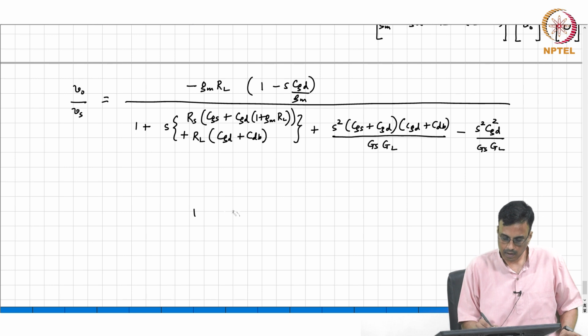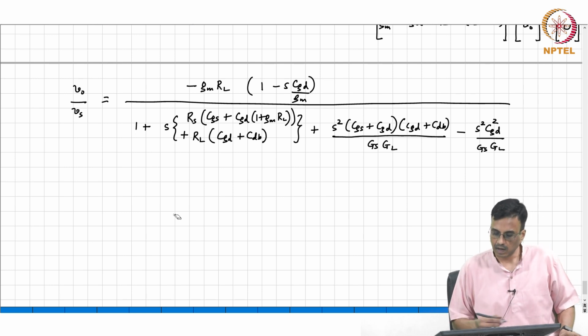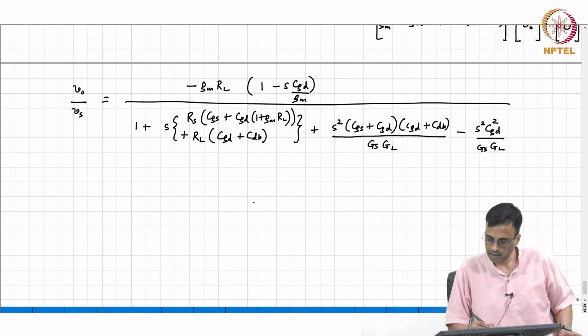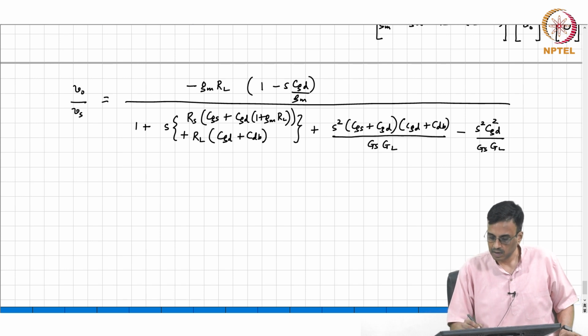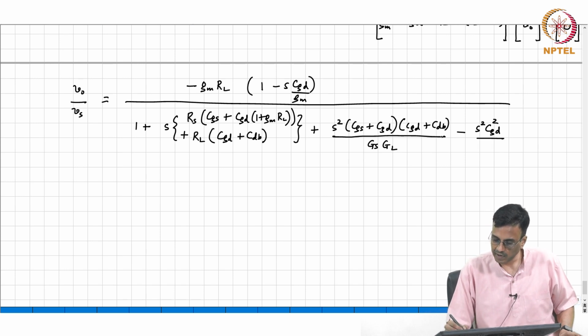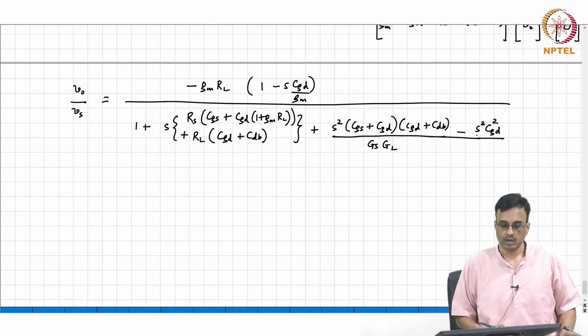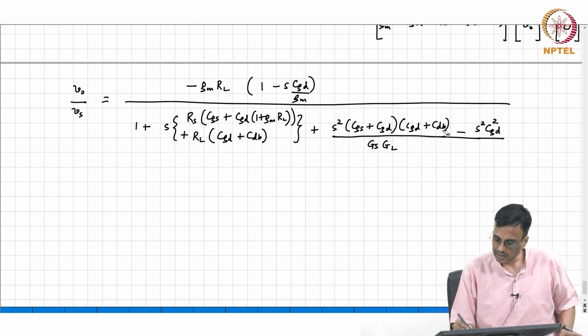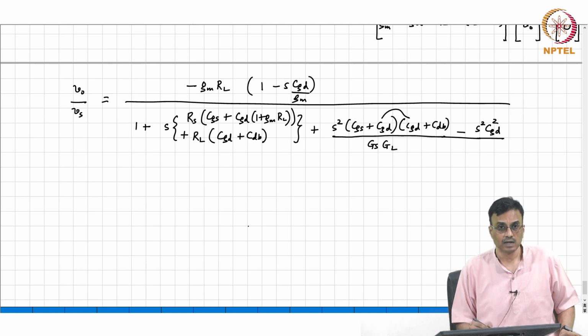Then what about this term? Well, the denominator is common. Alright. So, if you multiply this out, you see that the CGD square term gets cancelled.